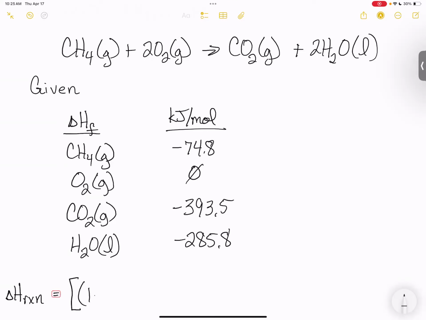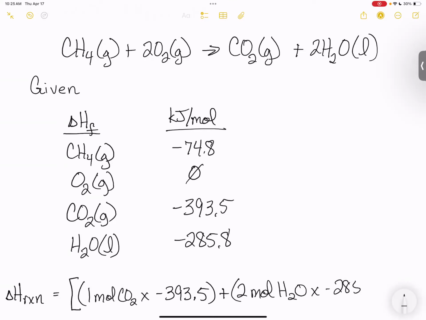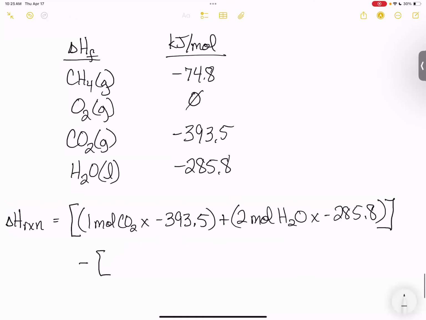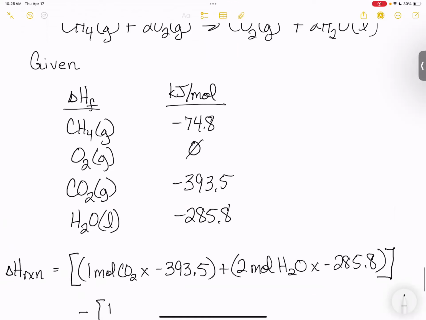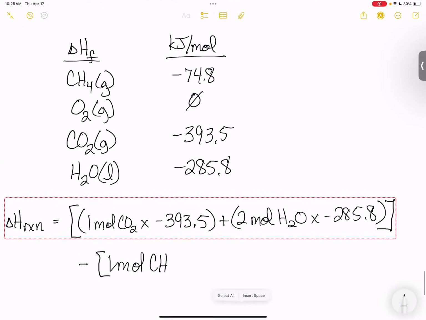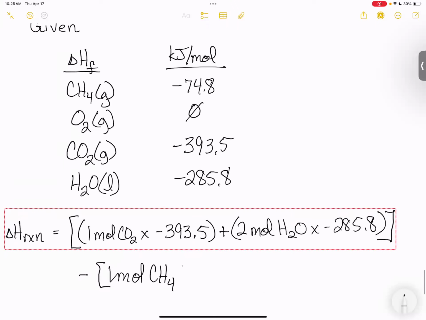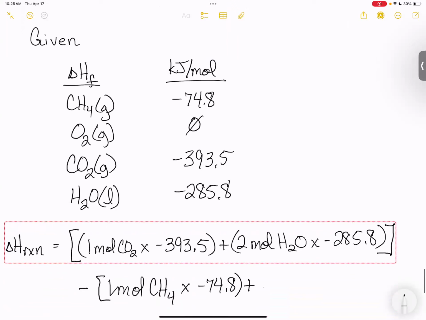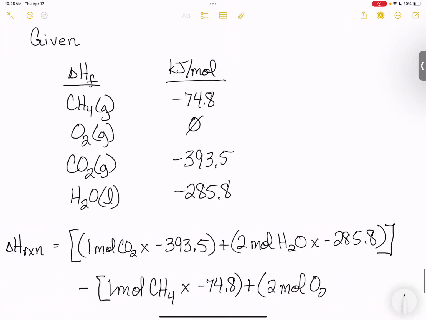And it's always the products: 1 mole of CO2 times its value of negative 393.5 plus 2 moles of H2O times negative 285.8, minus the reactants, which is 1 mole of CH4 times negative 74.8 plus 2 moles of O2 times 0.